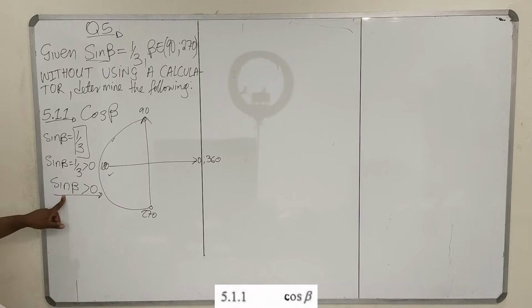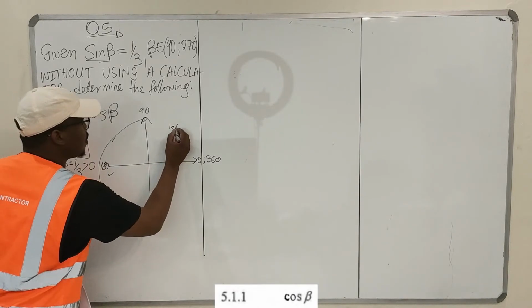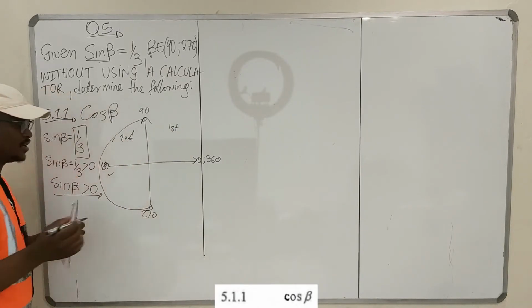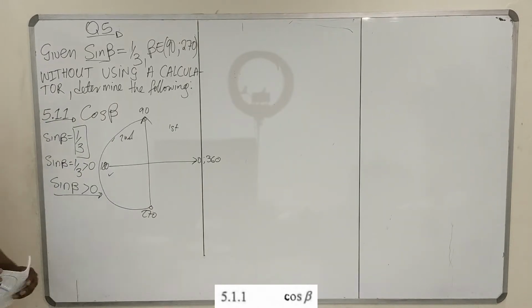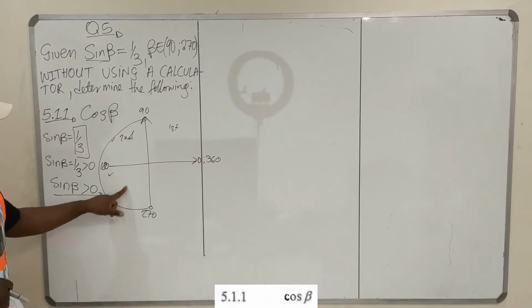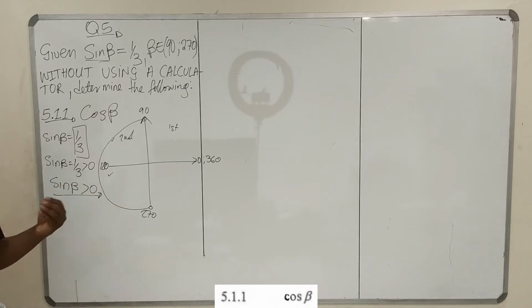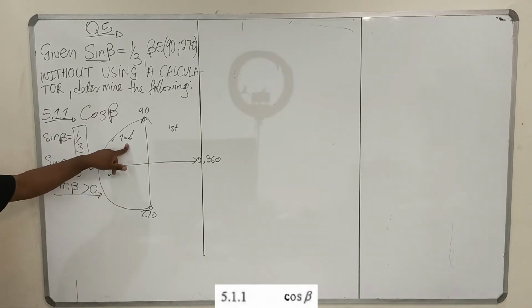So in which quadrant is sine of an angle positive? It's either the first quadrant or the second quadrant, right? But in our case, we know that beta is between 90 and 270, and sine is negative on the third quadrant. So the only quadrant where sine is positive is the second quadrant.